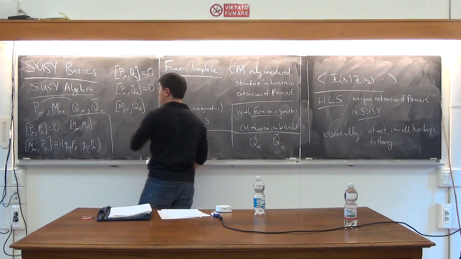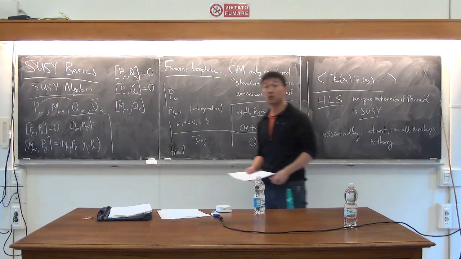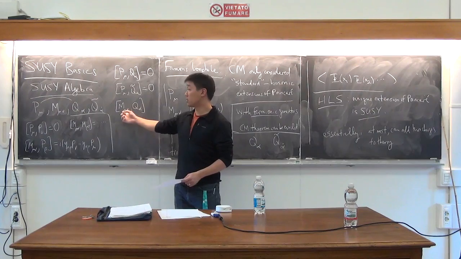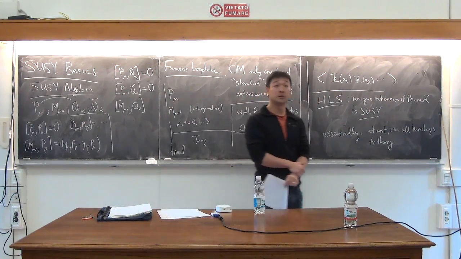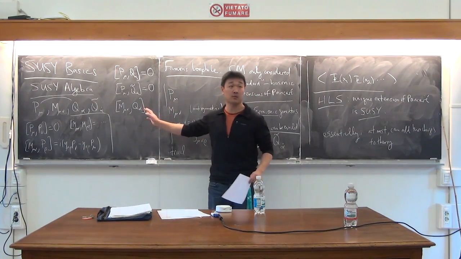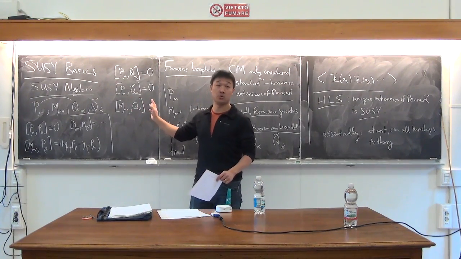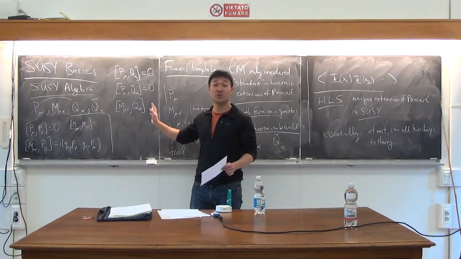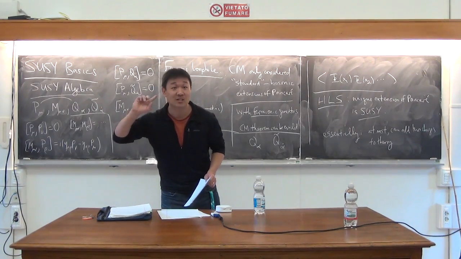What about this one? Do we know what this is, or is there any choice in the matter? Do we know the commutator of Q alpha with the Lorentz generators? I'm not asking if you just know what it is offhand. I'm saying, is this determined already, or is it something we get to choose? It's determined, right?